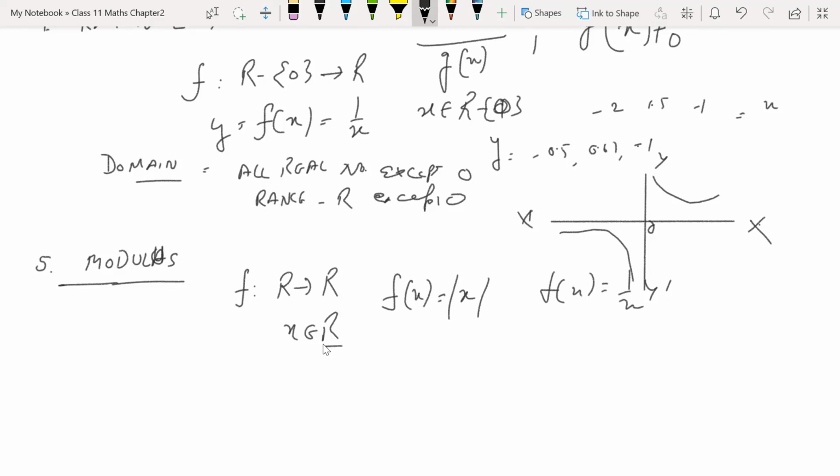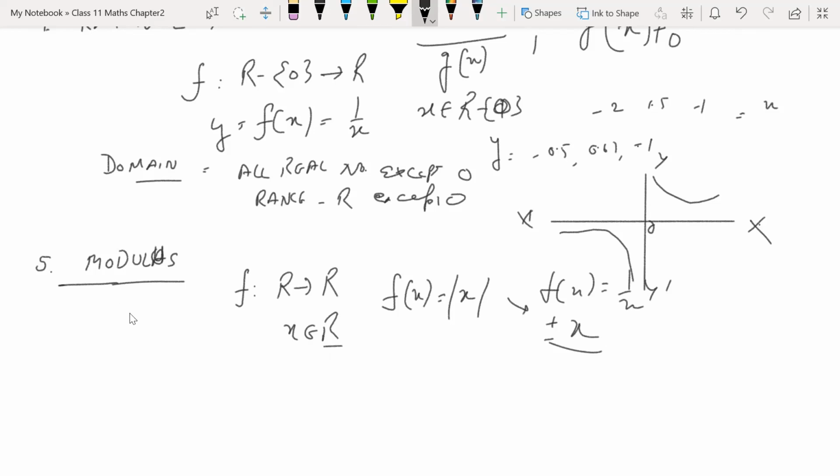For each non-negative value of x, f(x) is equal to x, and for negative values, the value of the function is the negative of x.